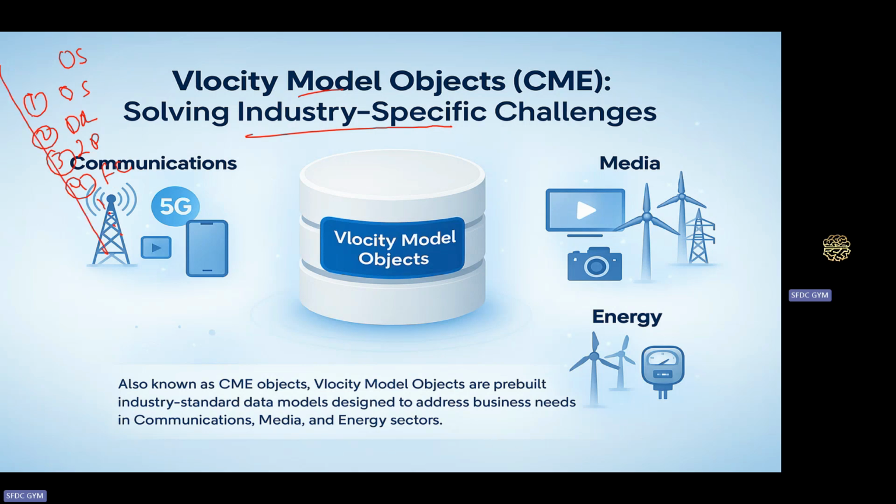So this is one package. Plus, based on your industry specific need, you can use all of them plus communication, plus media, or plus energy. Those things will be configured by Velocity or OmniStudio directly to your org based on your requirement. And how you will create all those orgs, we are going to discuss in the next lecture.